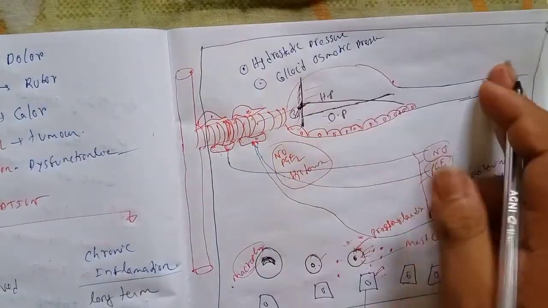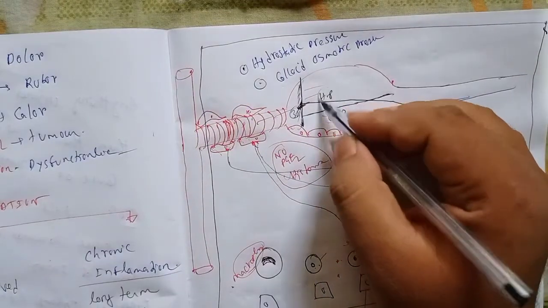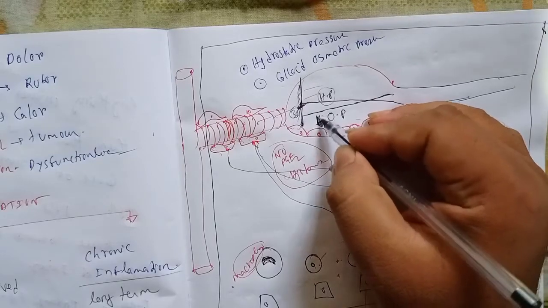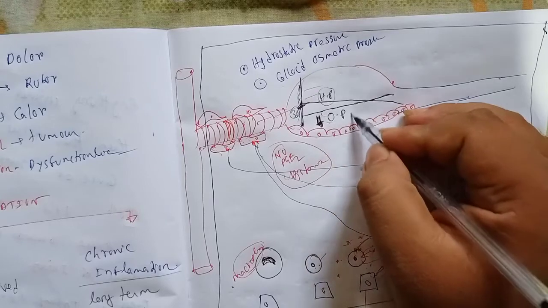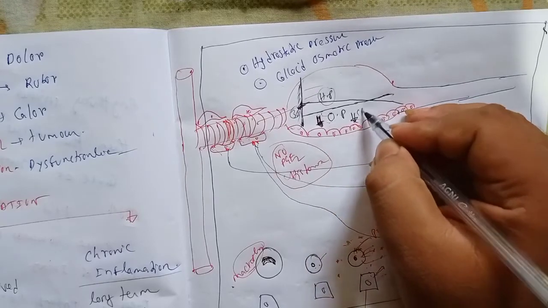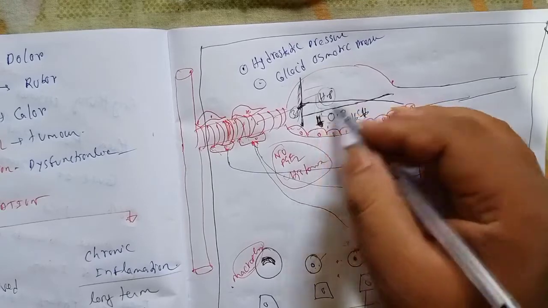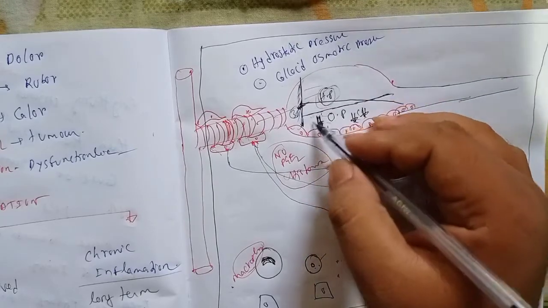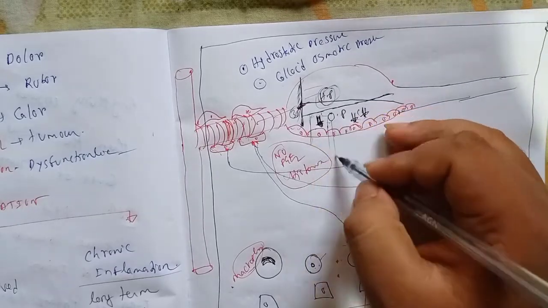In normal condition, what is the function of the hydrostatic pressure? By hydrostatic pressure, they push a little amount of blood flow through the endothelial cells. Along with the blood, all the nutrients and oxygen come out here.